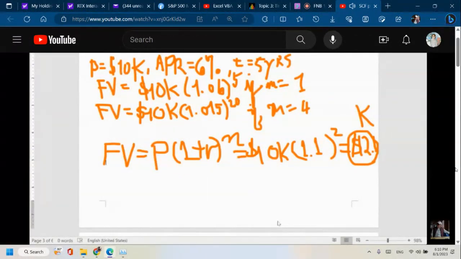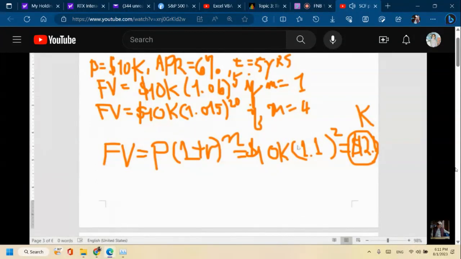It's worth 12.1K 2 years from now, but the question is, how much is it worth today? If you sell it today and cash it out, how much is it worth? In other words, how much can you sell it for, and how much is the buyer willing to pay?